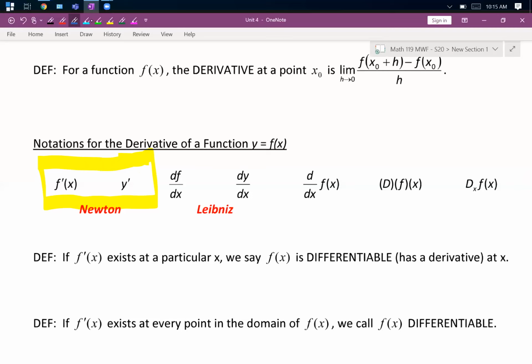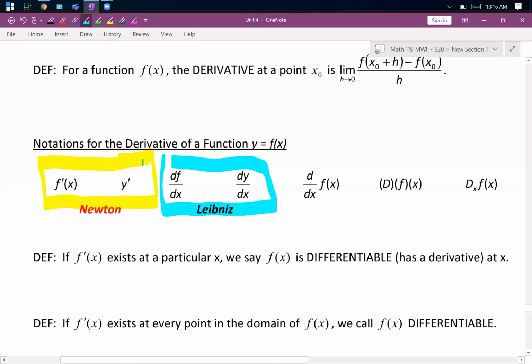Then Leibniz was using this other notation over here. So df dx means the derivative of f with respect to x. And since y and f of x are typically interchangeable, we also see dy dx, the derivative of y with respect to x.